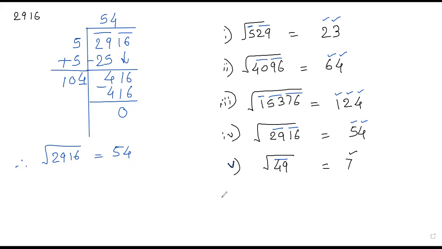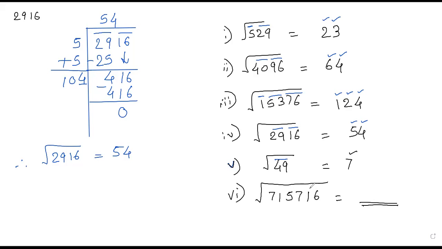Now if I give you a number, square root of 715716, you will tell me. 715716 will have how many digits? 3 digits.